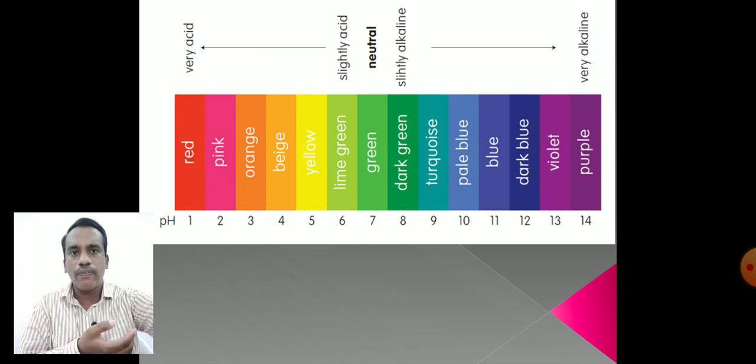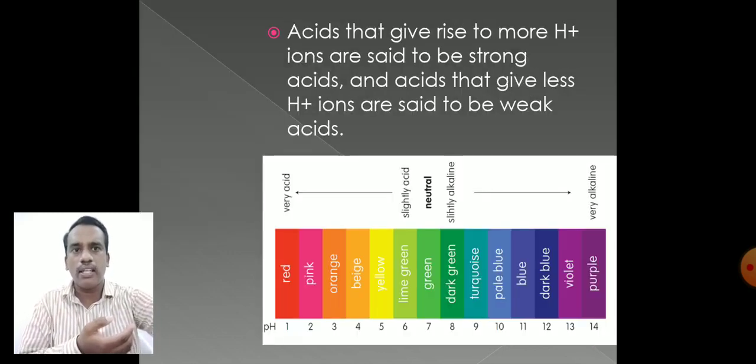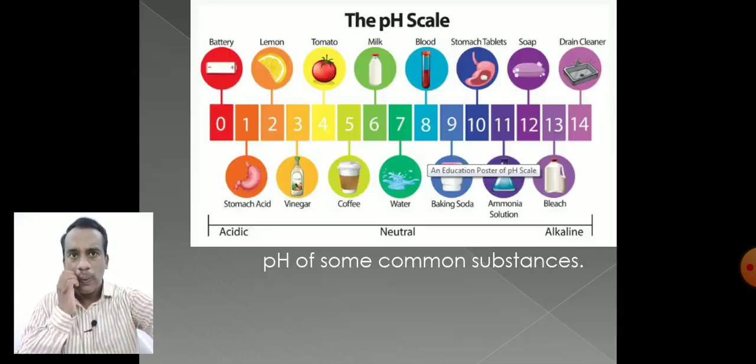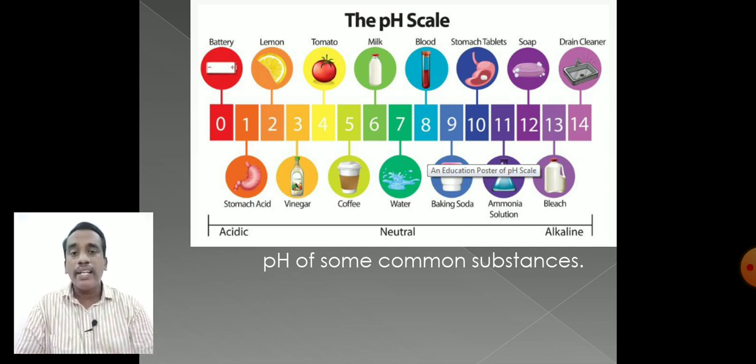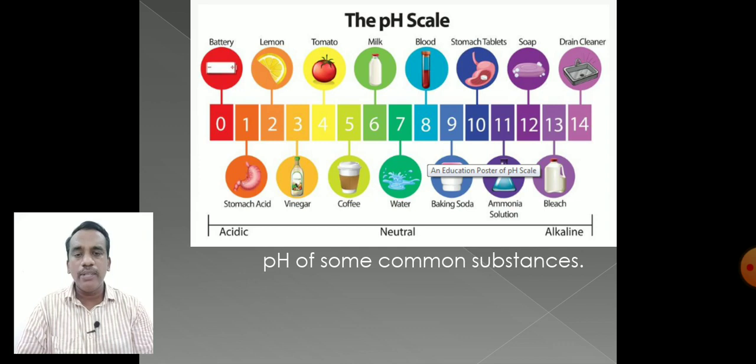Some examples that we have along with us: now we can observe here at 0 we have battery acid. Battery acid means the acid we use in the battery, sulfuric acid. And in our stomach, in order to digest the food that we have taken, hydrochloric acid is released.